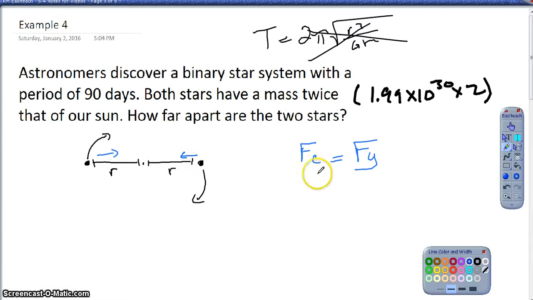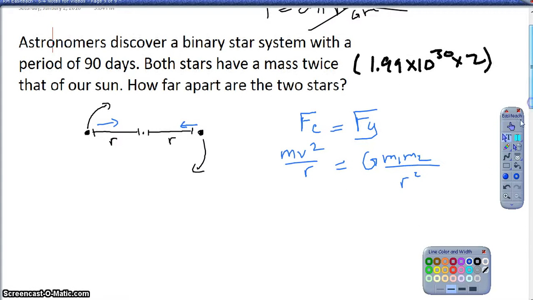Here's where it's different. Normally when we break this up, this would be mv squared over r equals G m1 m2 over r squared. Now it looks completely like what we would normally do. The difference though is what represents the r. The centripetal force refers to the distance from the center of the circle. So if I was focusing on this as star 1, then as this moves around in the circle, the distance from the center of the circle would just be that single r.